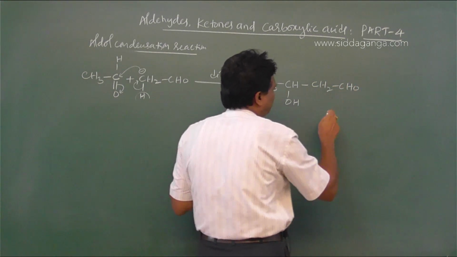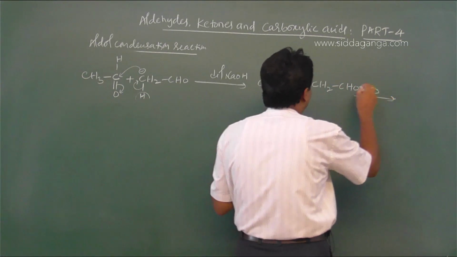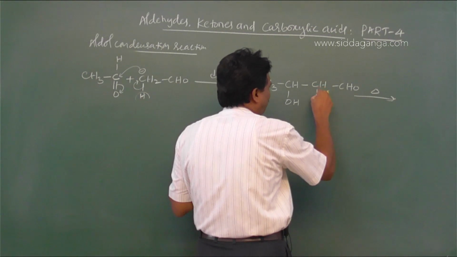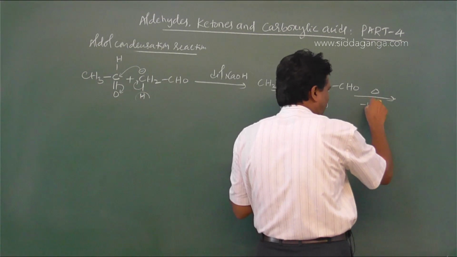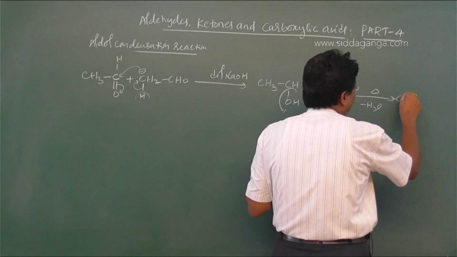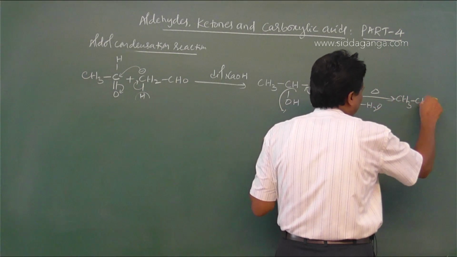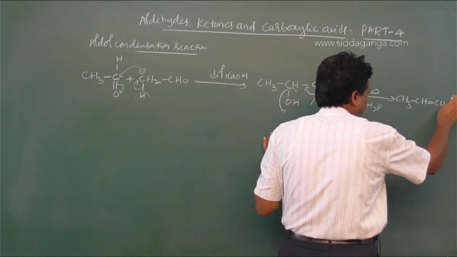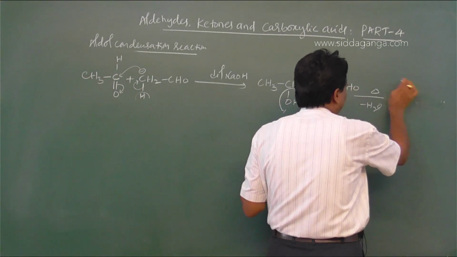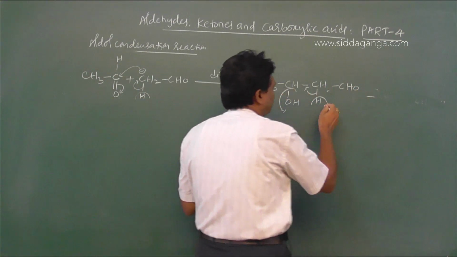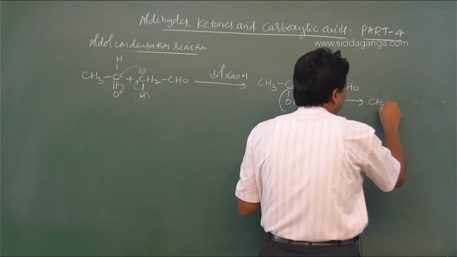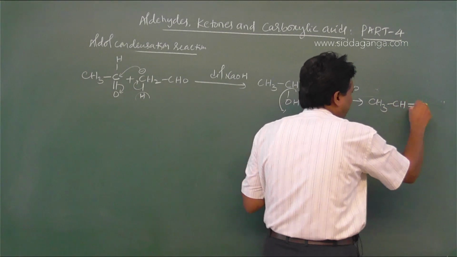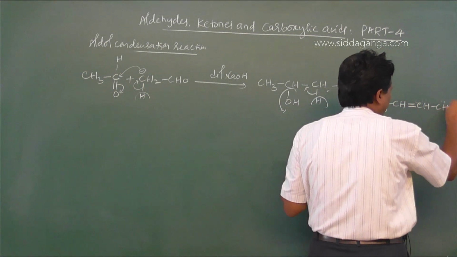To form an aldol, CH3 CHOH CH2 CHO. On heating, it loses a molecule of water to form CH3 CH=CH CHO.